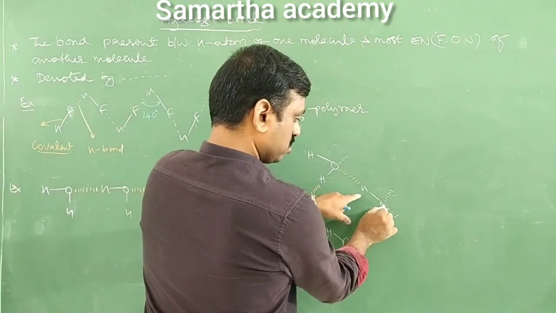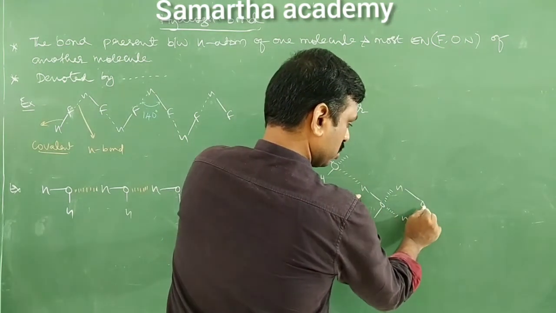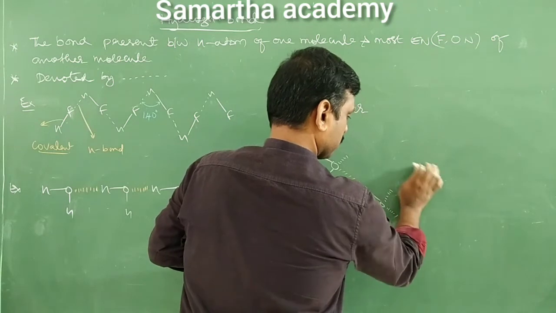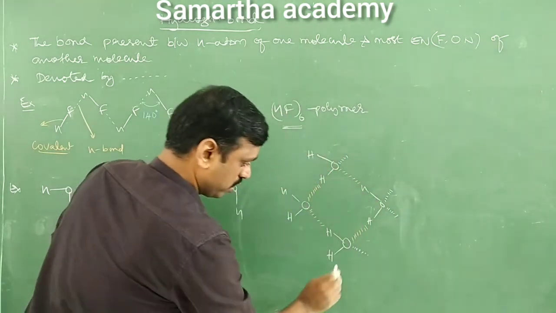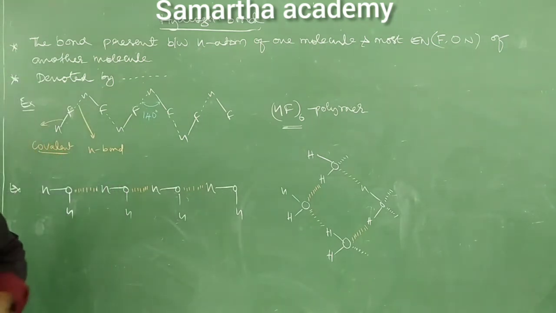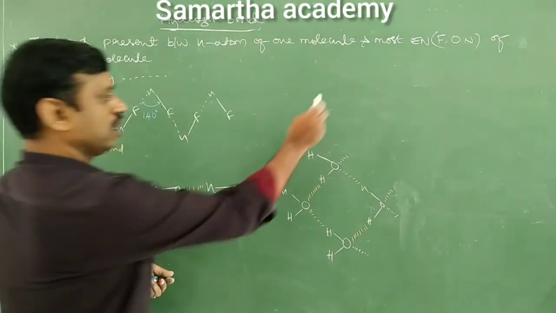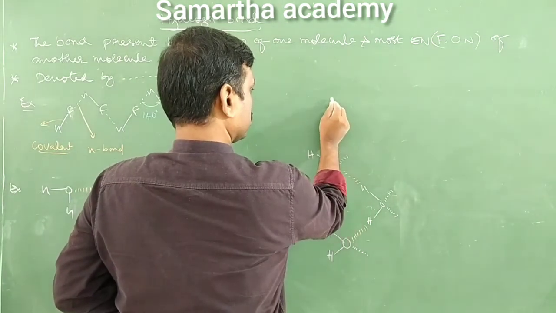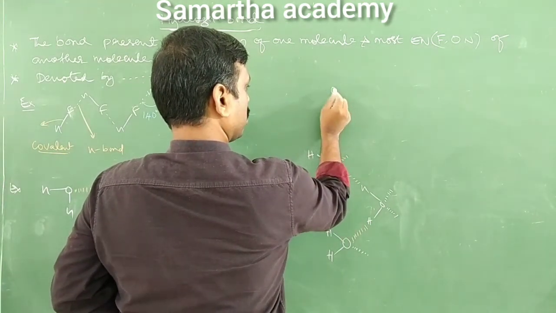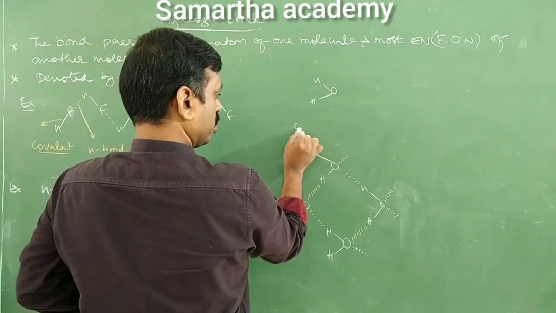Now even you can write here also. See, this oxygen, hydrogen, there is a hydrogen. There is one more, but not that. You can draw here. I will draw the structure here. Okay, so take another water molecule.